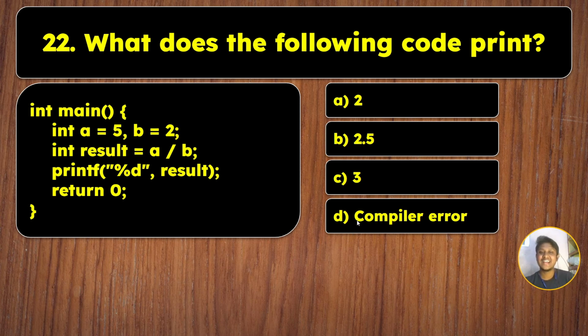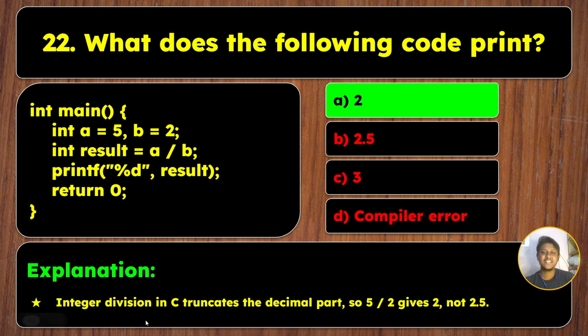So its correct answer will be option A. As you can see, integer division in C truncates the decimal part. So 5 by 2 gives 2, not 2.5, because A and B both are of type integer.